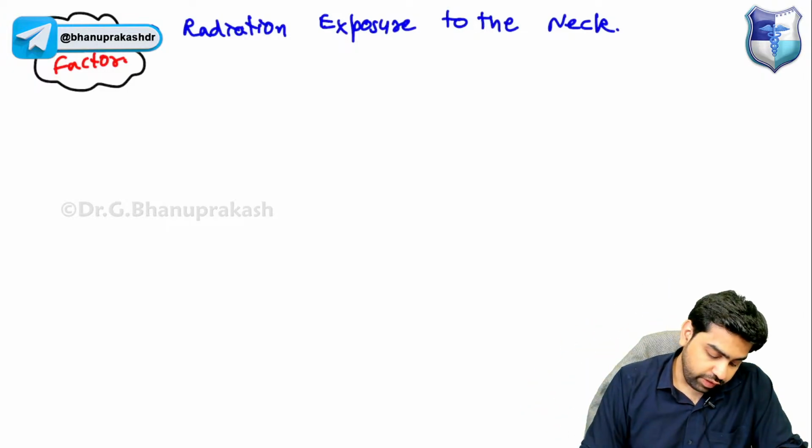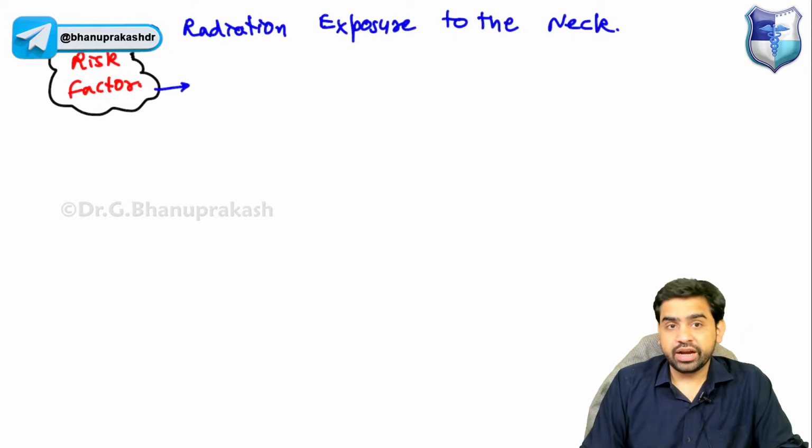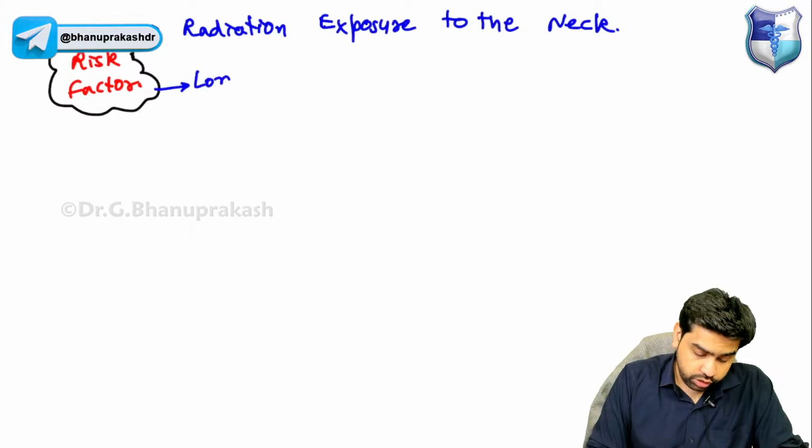Another important risk factor for the development of papillary carcinoma of thyroid is something we just talked about. What was that? We talked about a thyroglossal cyst, right? A long standing thyroglossal cyst.